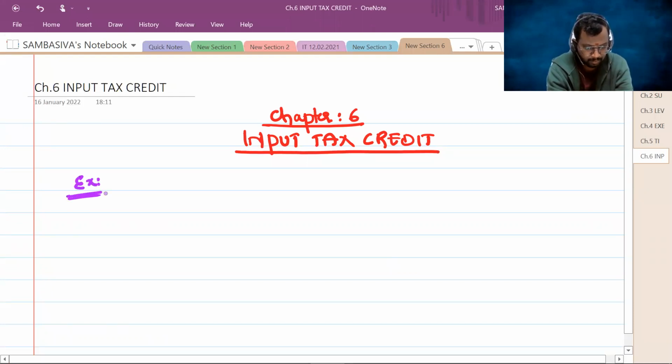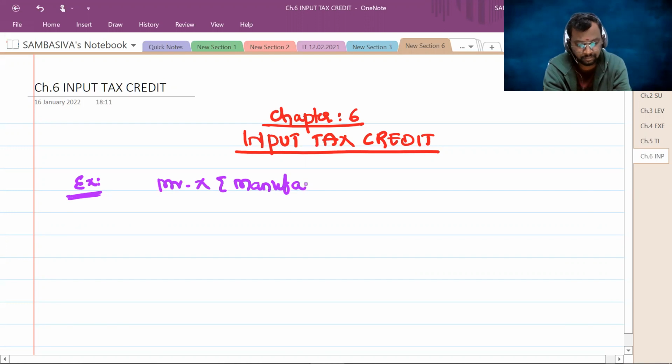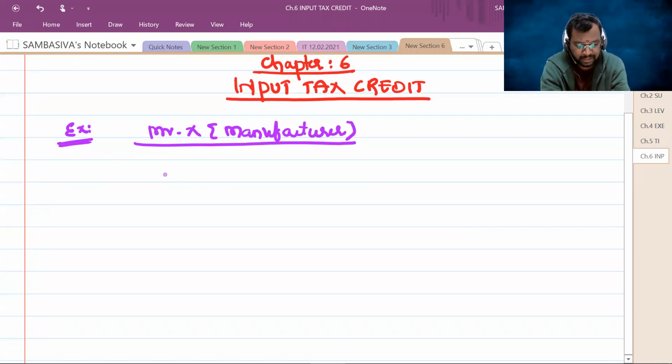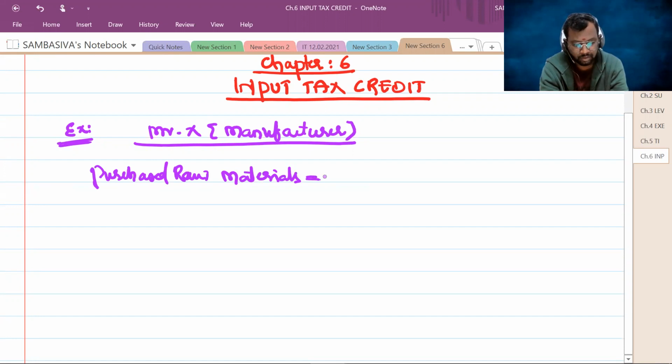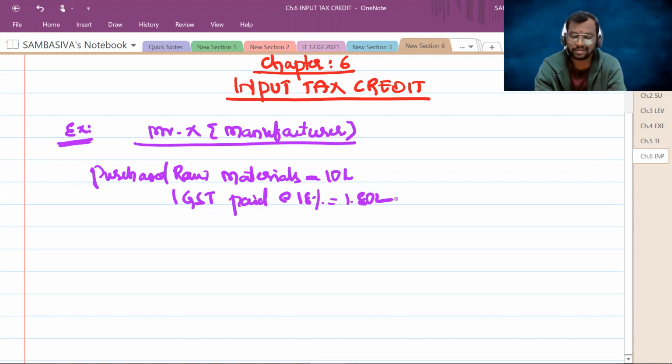Example: Mr. X, a manufacturer, purchased raw materials worth rupees 10 lakhs, on which he paid IGST at the rate of 18%, which comes out to be 1.8 lakhs.